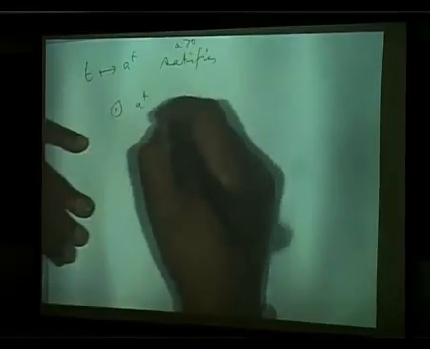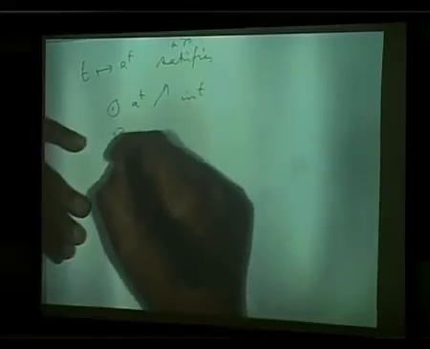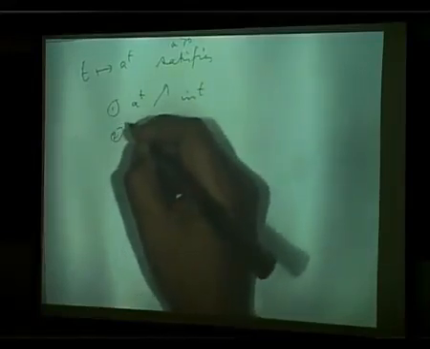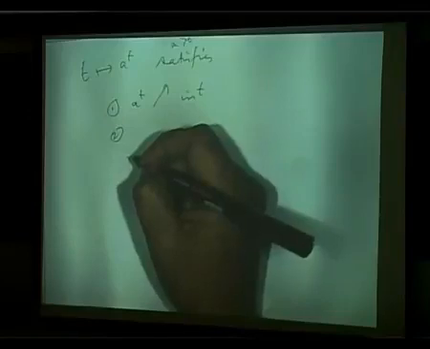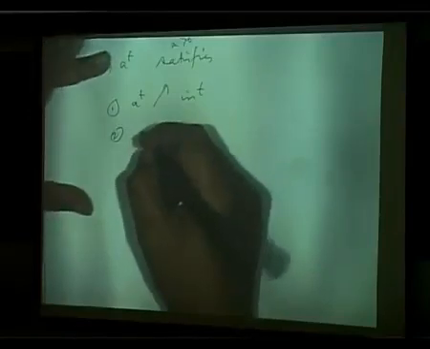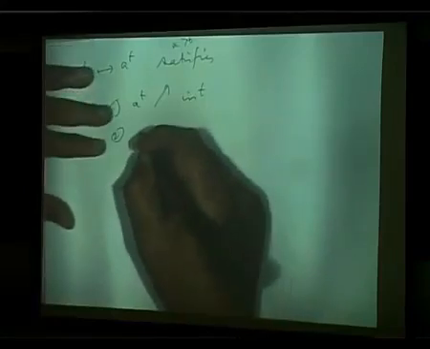A power t is increasing in t, and all the rules of exponents hold: a power t times a power s will be a power t plus s, and a power t whole power s will be a power ts, and so on, the usual rules.